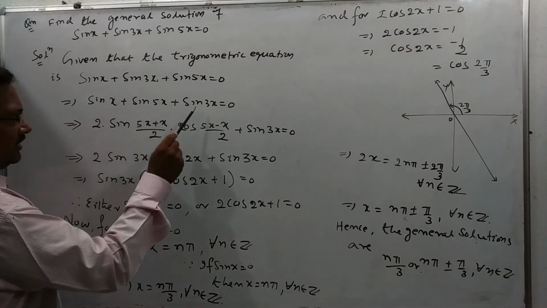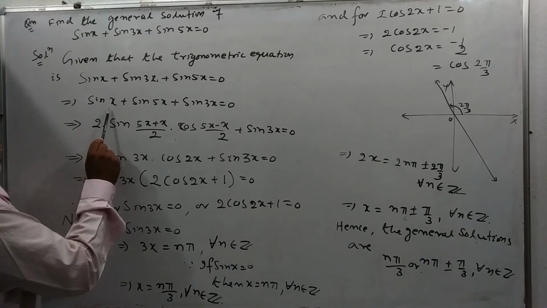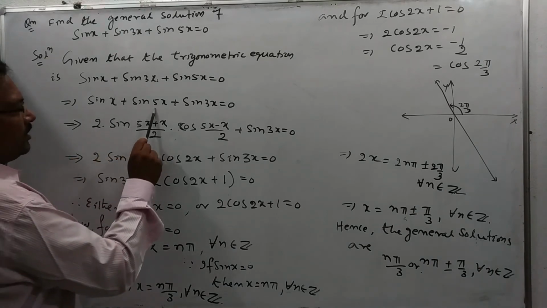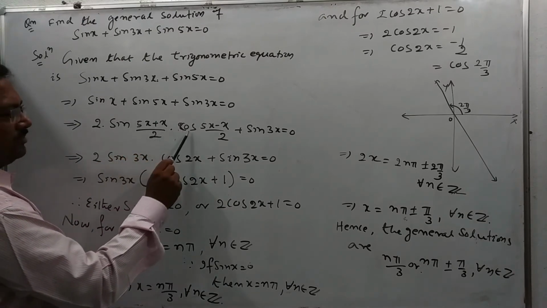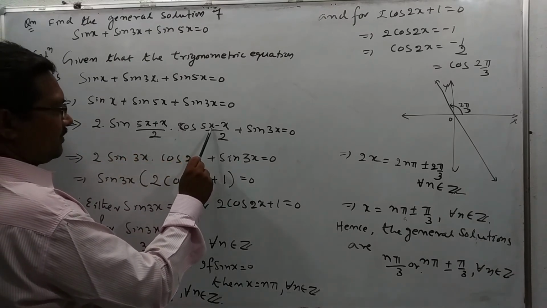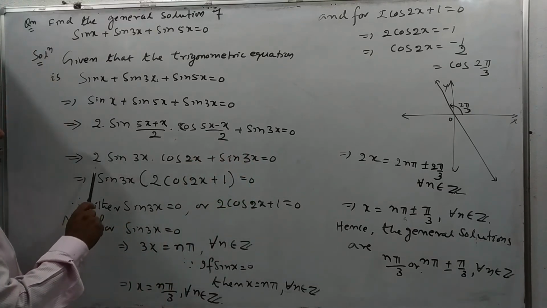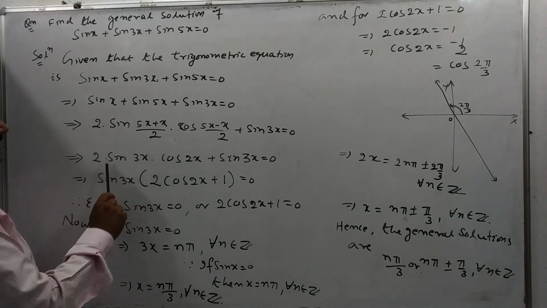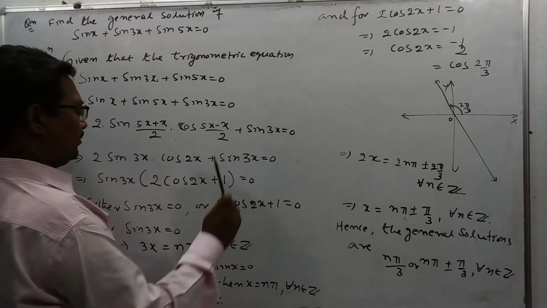To construct it in this form, I bring sin 5x towards sin x. So this is in the form of sin C plus sin D. 2 sin of (5x plus x) by 2 cos of (5x minus x) by 2 plus sin 3x equal to 0. So this will be 2 sin 3x cos 2x plus sin 3x equal to 0.